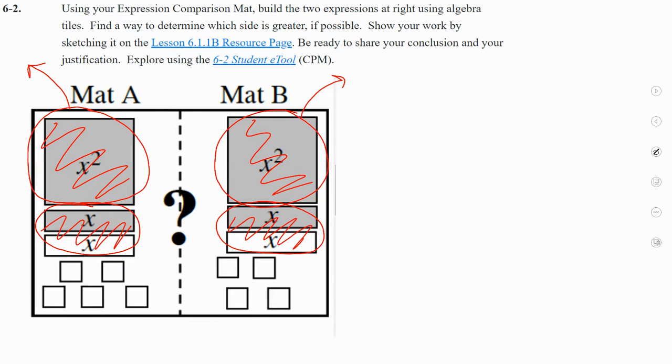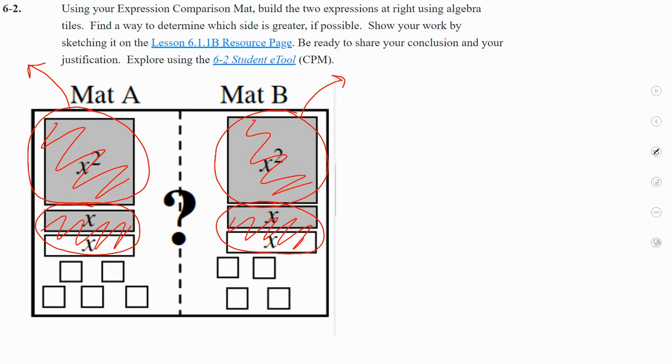0 pair. All right, now we look at, well, we have -5 1 tiles on mat A and -4 1 tiles on mat B. So here let's use what we did for the x squareds. We have same things on both sides of the equation mat, so we can go ahead and remove those.